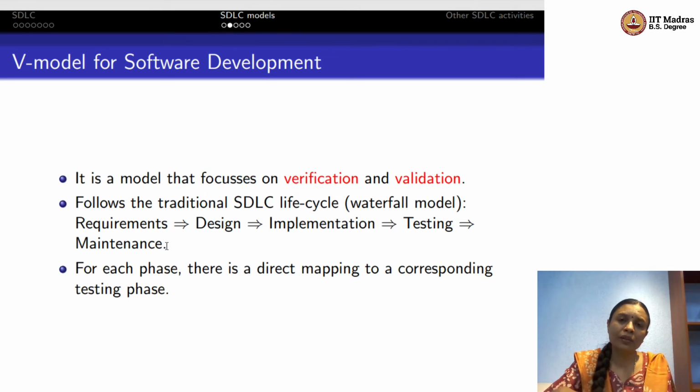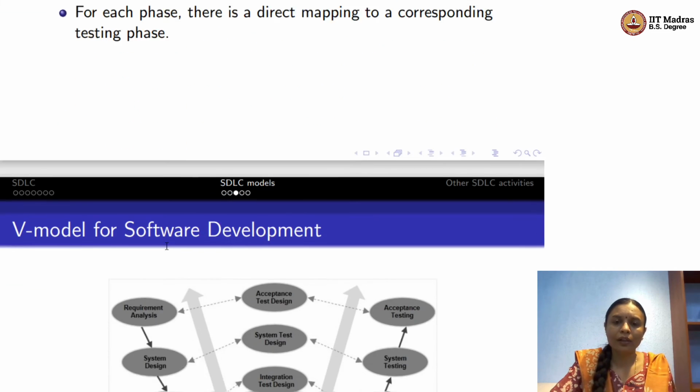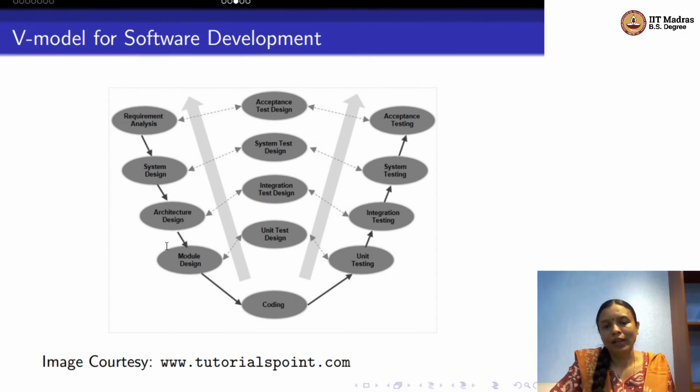What is different between the V model and waterfall model is that for each of these phases, the V model does a direct mapping to the corresponding testing phase. This figure that I took from tutorialspoint.com, which I extensively use, is a pretty good website, will tell you what the V model is all about. So if you look at the top left here, there is requirements analysis, the planning phase, followed by system design, which we saw, followed by architecture, which we again discussed, then low-level design, coding.